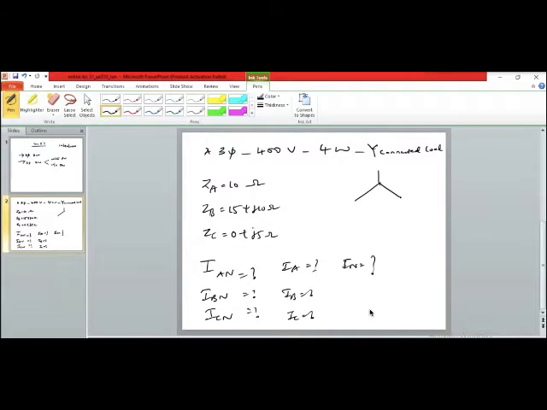As we have discussed, in a star system, the line current is equal to the phase current. For example, here, let this be A, B, and C, and here the currents are flowing, IA, IB, and IC. And this is IAN, this is IBN, this is ICN. So here IA is equal to IAN, IB is equal to IBN, IC is equal to ICN.